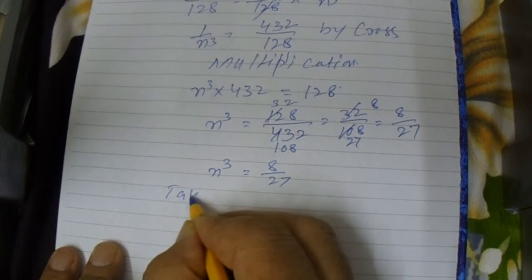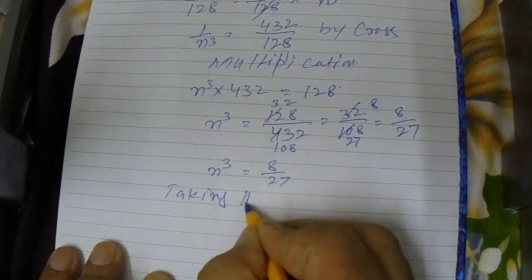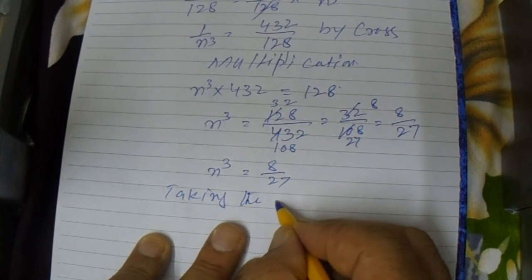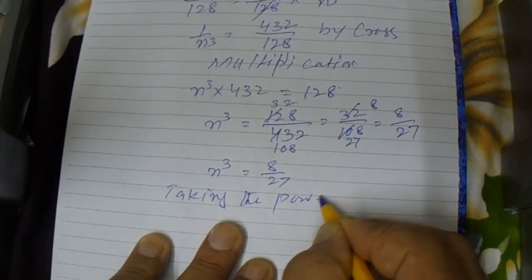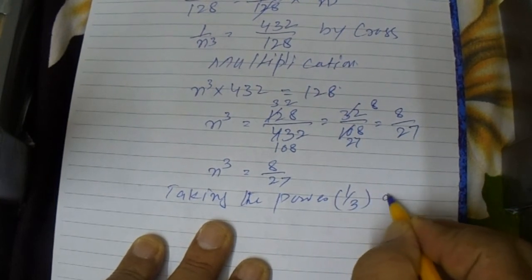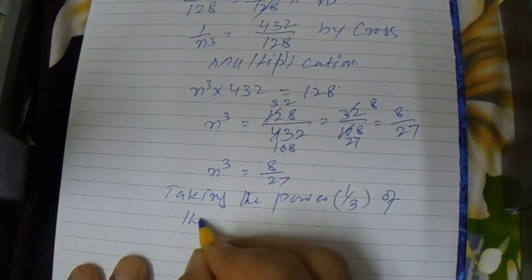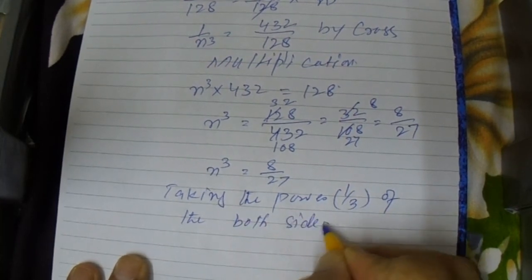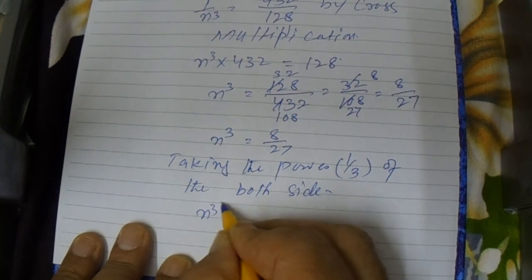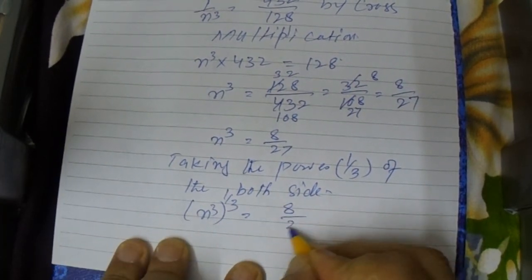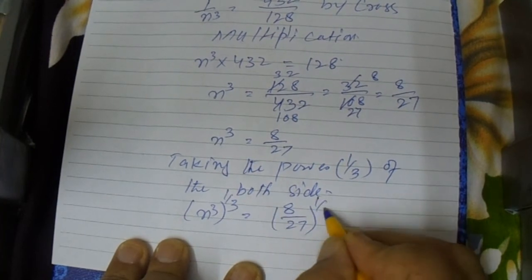Taking the power 1 by 3 of both sides, we get n cube to the power 1 by 3 is equal to 8 over 27 to the power 1 by 3.